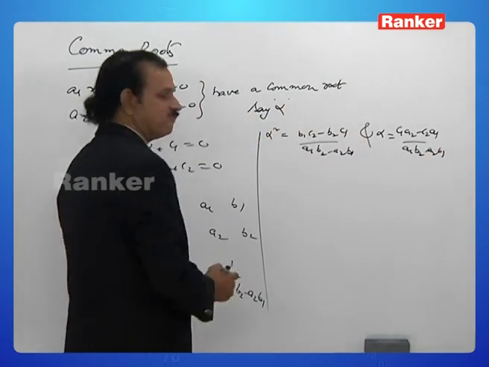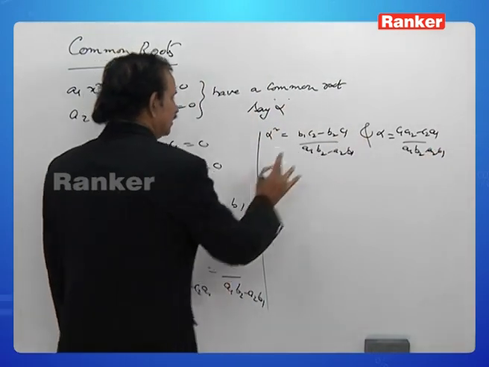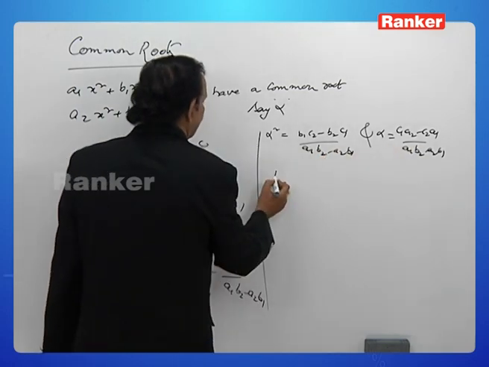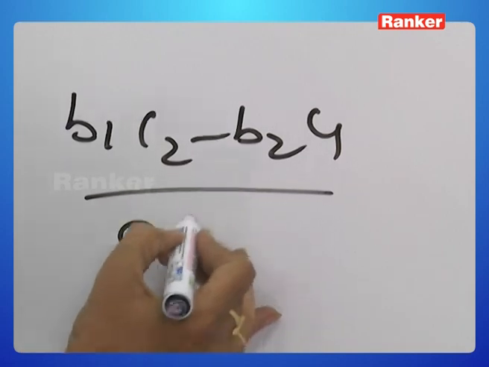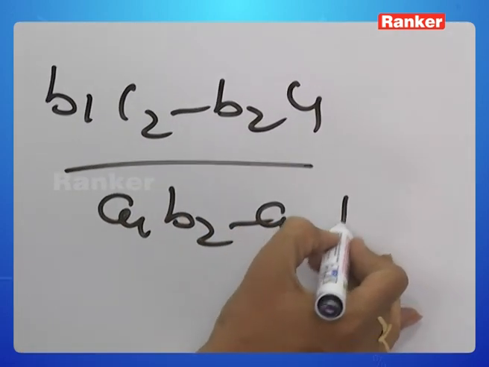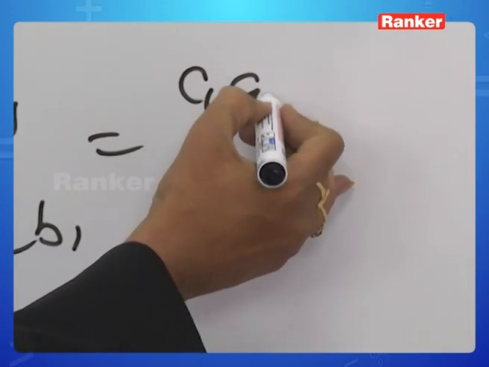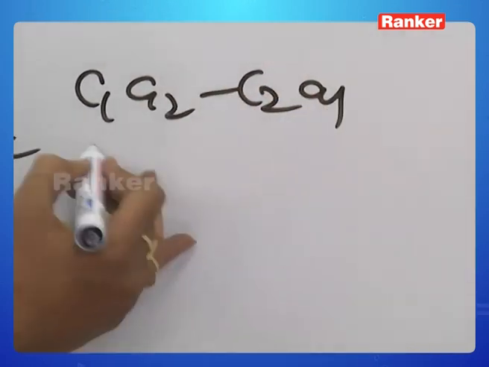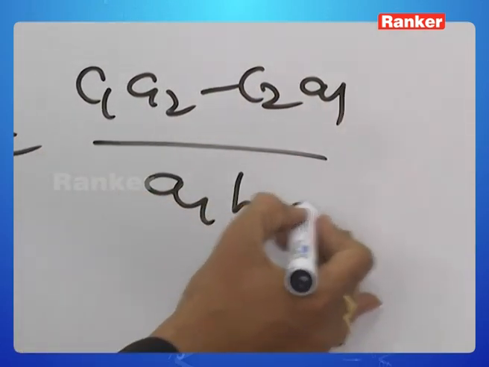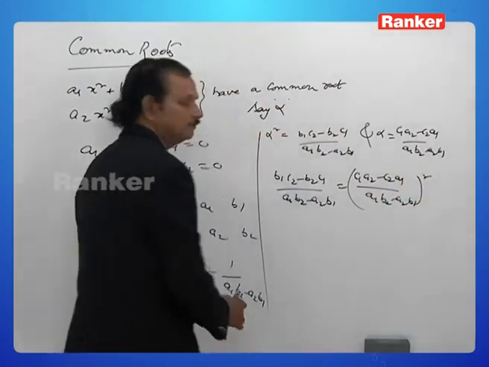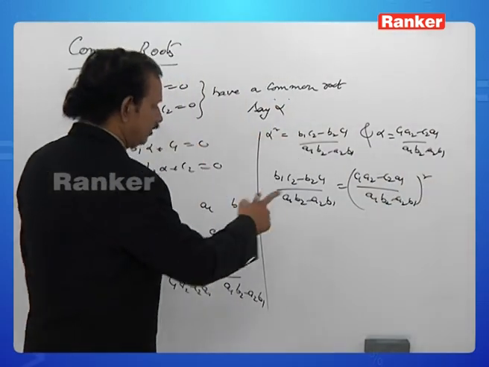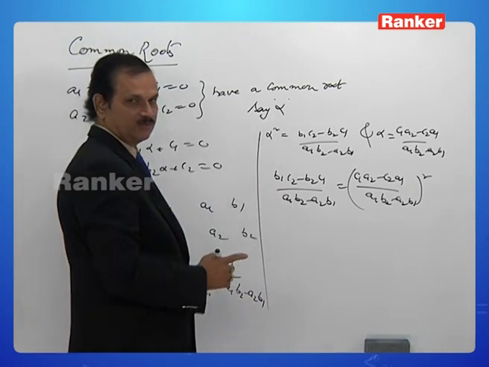Let us eliminate alpha between these two. So this is equal to this whole square: b1 c2 minus b2 c1 by a1 b2 minus a2 b1 is equal to c1 a2 minus c2 a1 by a1 b2 minus a2 b1 whole square. We can cancel one a1 b2 minus a2 b1 on both the sides because it's not equal to zero.